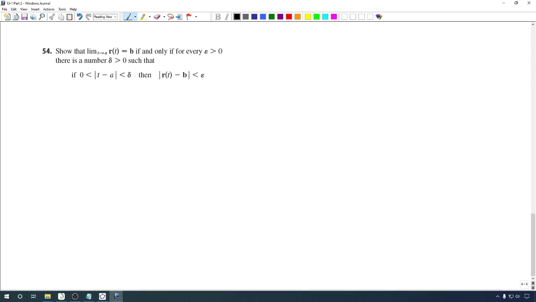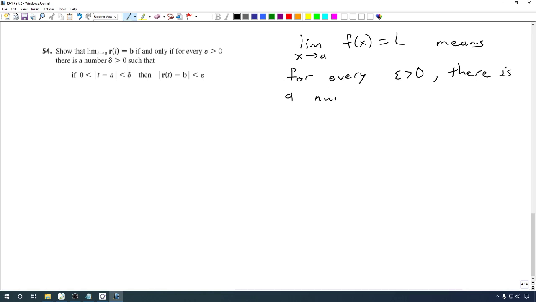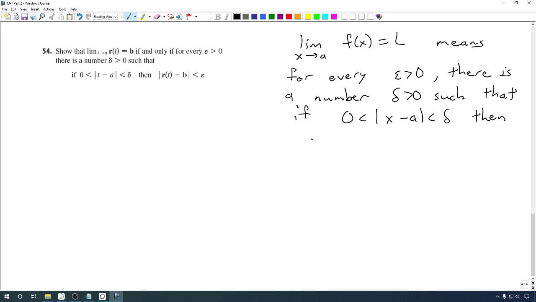So for real valued functions, the limit as x goes to a of f of x equals L. This means for every epsilon greater than 0, there is a number delta greater than 0 such that if you can essentially say the distance between x and a is less than delta but not necessarily 0, then the distance between f of x and L is less than epsilon.